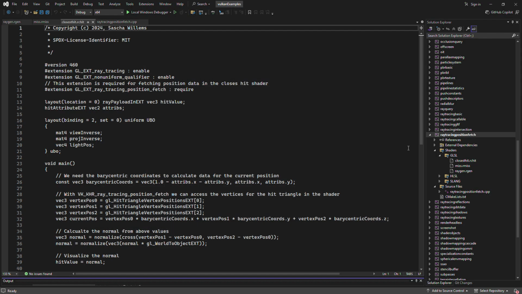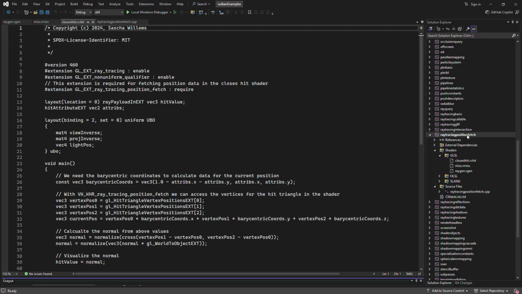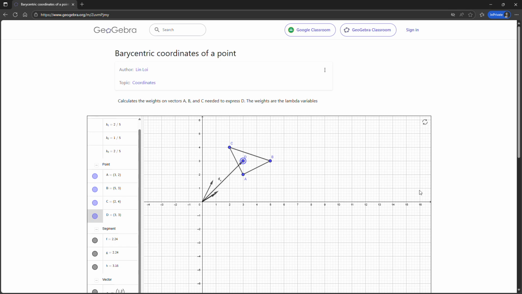But the best way for me to discuss this barycentric coordinates thing and us trying to get the position fetch is this. When we say barycentric coordinates, we're talking about the weights that are associated with finding the point inside of the triangle.